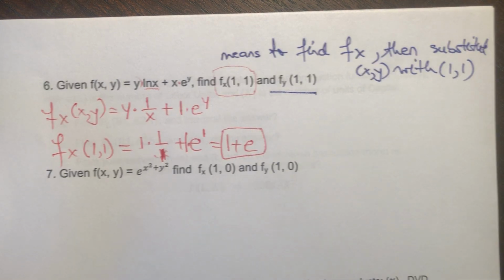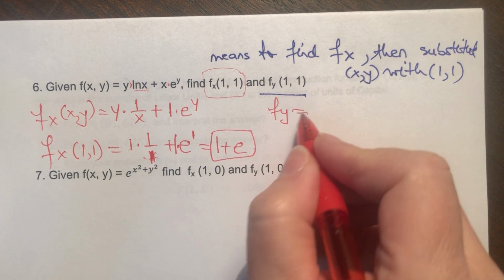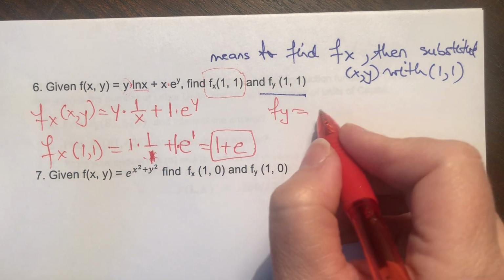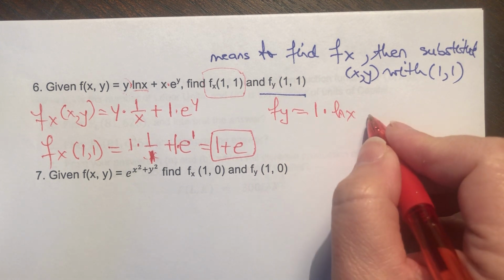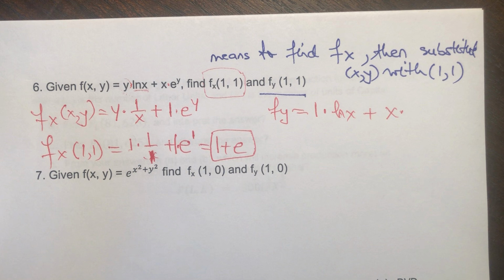All right. Let's see the derivative with respect to y. Same thing. The derivative of y is equal to 1 times its coefficient, which is ln x, plus, keep the x as a coefficient, a constant, times the derivative of e to the y, which is itself.